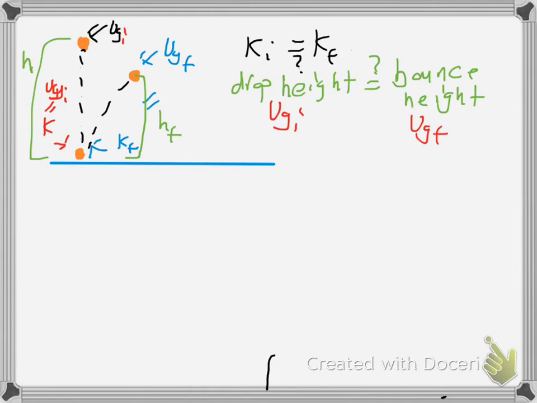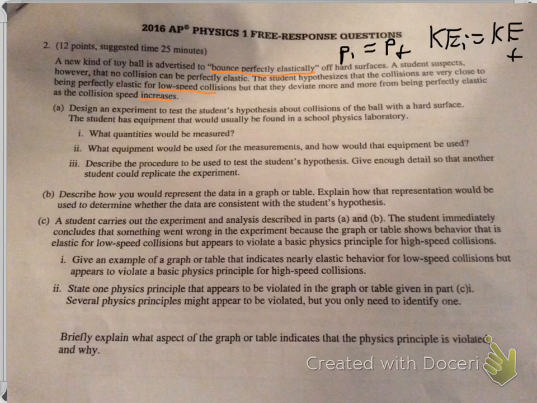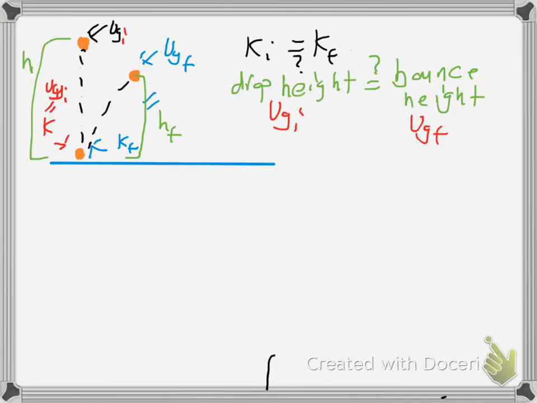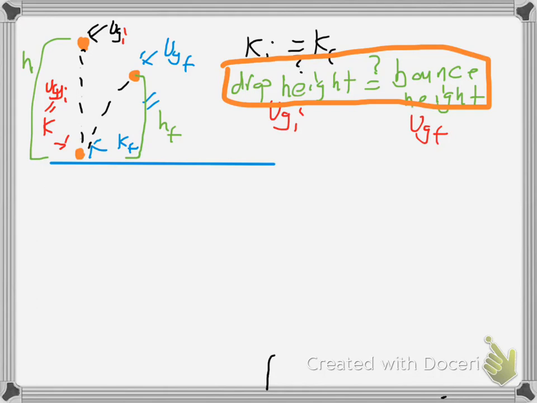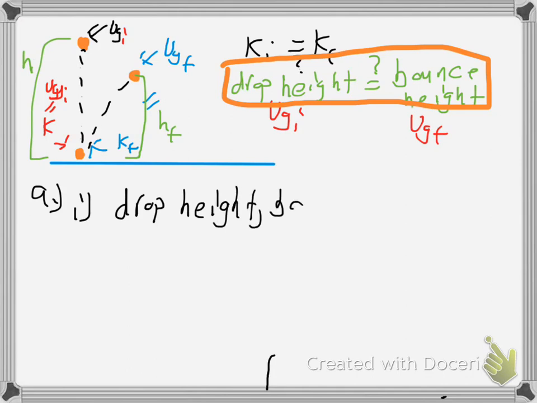Alright. So, what quantities would be measured? Well, this is what I said. We need to measure the drop height and the bounce height. Okay, that's what we need. So for part A, part 1, we need the distance we drop it from, and we need the bounce height.